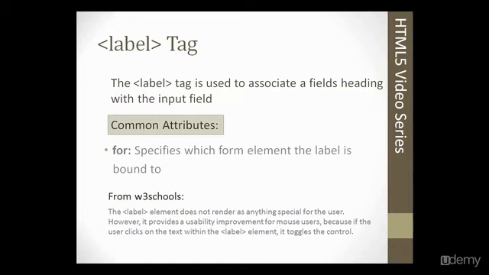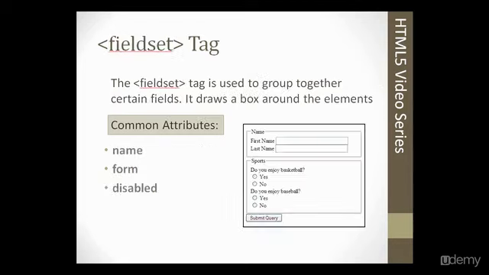So if you click on the text, it'll actually highlight the input field that that text belongs to. And it takes the for attribute, which will just specify which form element the label is. And this would match up with the input element's name attribute.